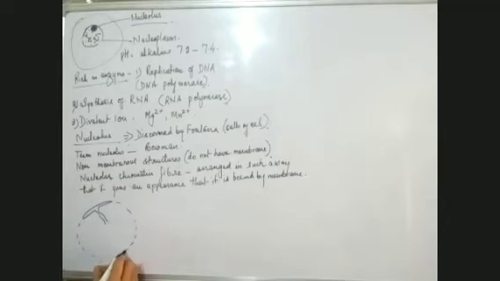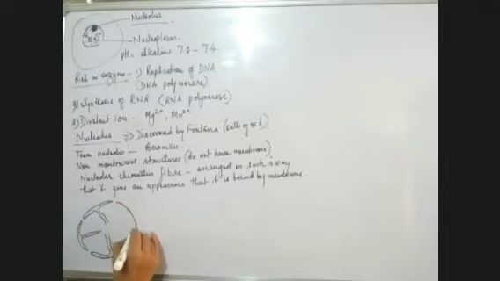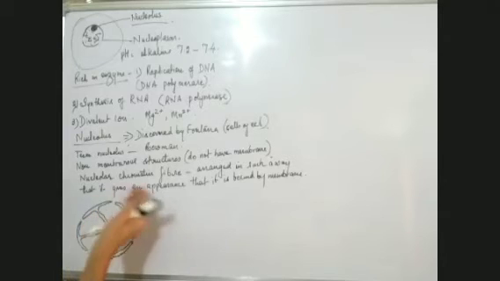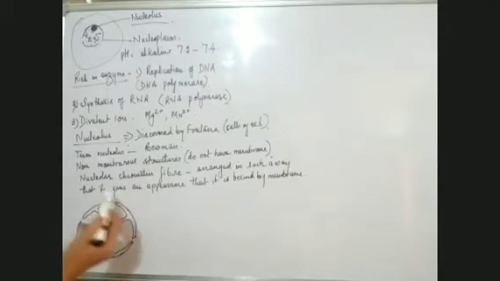If you see, these are nucleolar chromatin fibers, and they are arranged in such a way that it gives an appearance that it is surrounded by a membrane, although it is a non-membranous structure. That means no membranes are present.